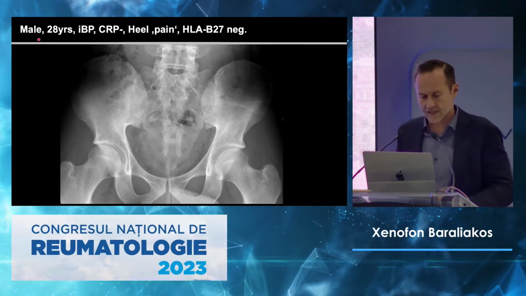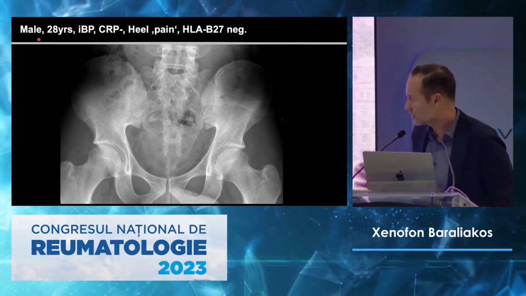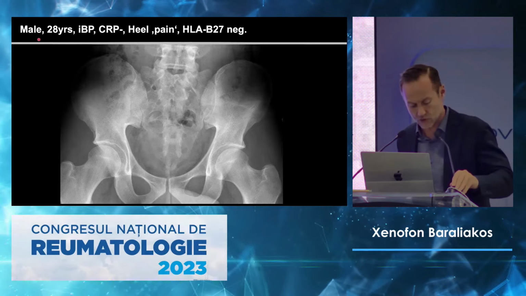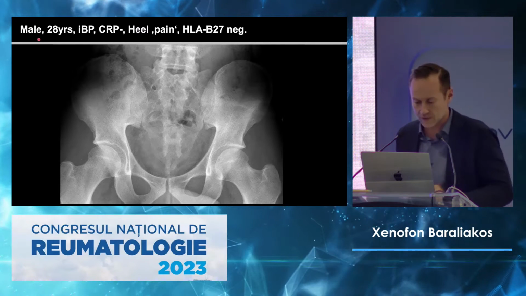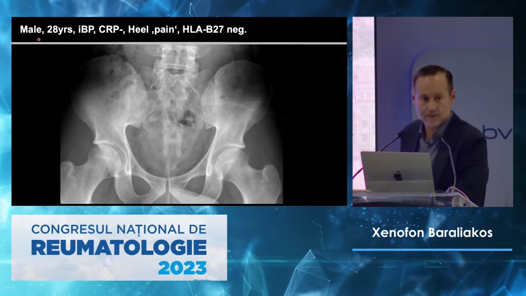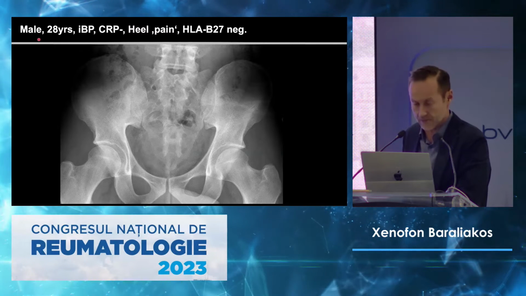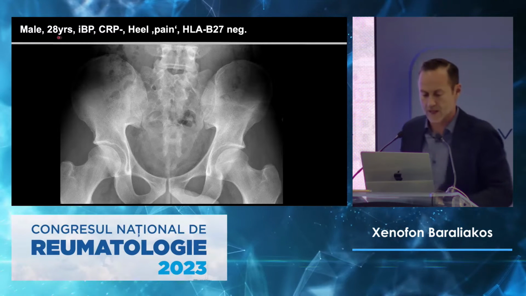Now let's have a look at this case. The one or the other person in the room may have seen that. I'm not really sure because I show you this. It's a nice case to take into account when you talk about how X-rays and MRIs complement each other and what the correct performance of the imaging may show us as a result. This is a male person.